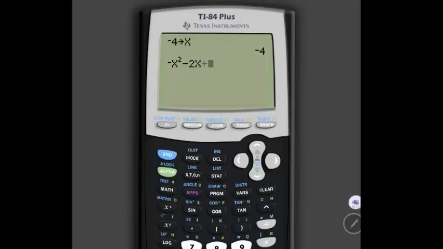Alright, so now we're typing out the function. See, we get 0. Now we're going to do 2 store x. Alright, and retyping. Alright, 0. So those must be the zeros.